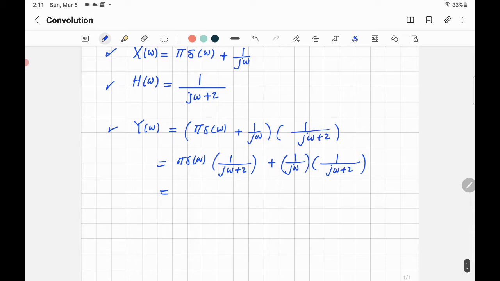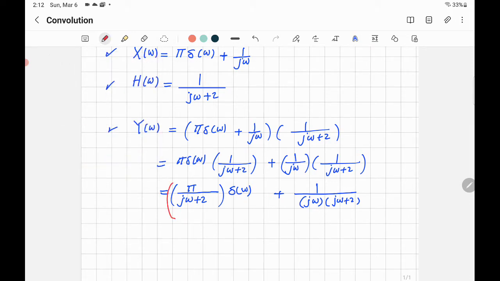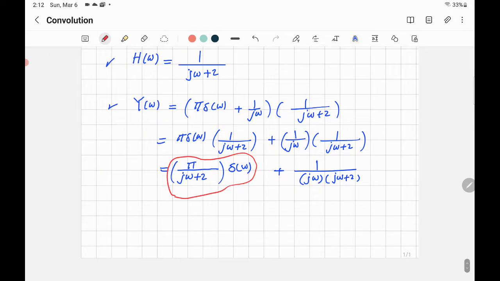I will rearrange the first term in this way: pi over j omega plus 2, all multiplied by delta omega. Second term, 1 over j omega multiplied by j omega plus 2. I will simplify each term separately. I'll take the first term.